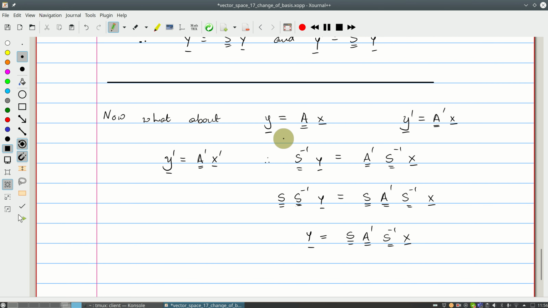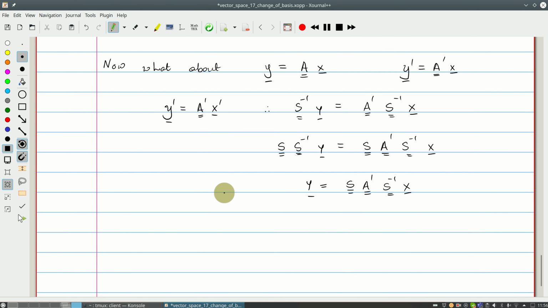And now if you compare it to this relation here, what we see is that this product of three matrices must be equal to the A matrix. So therefore, the A matrix is equal to S times A prime times S inverse.